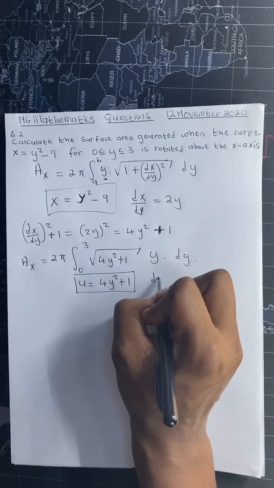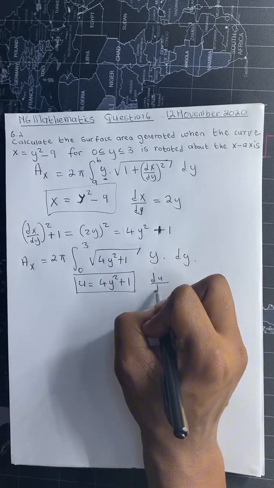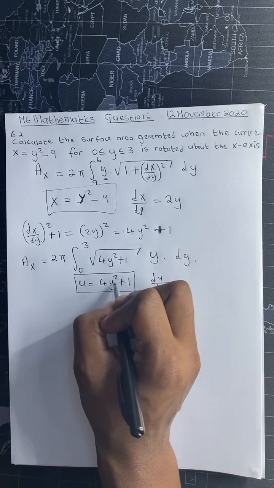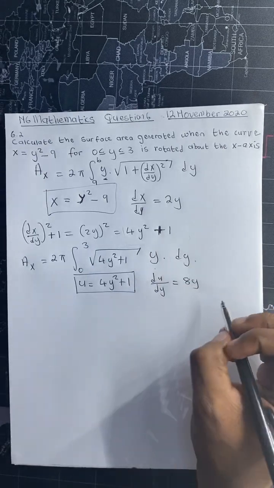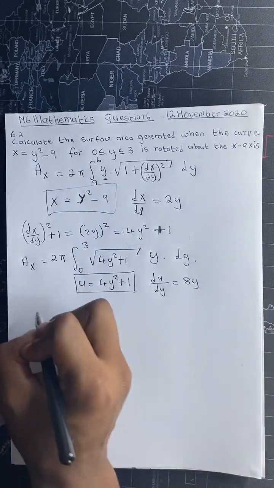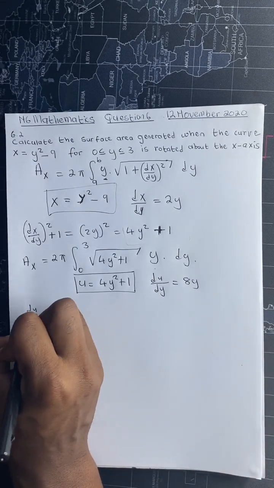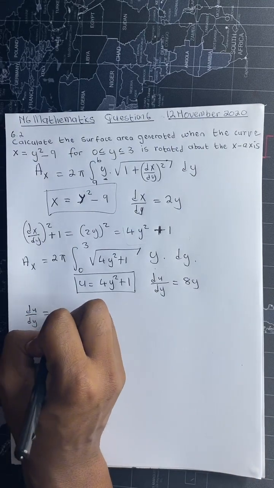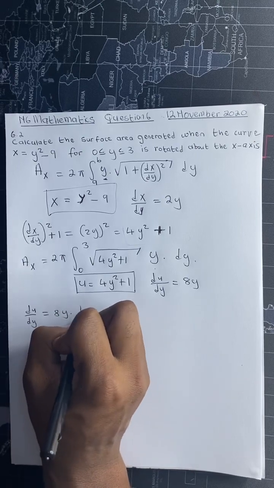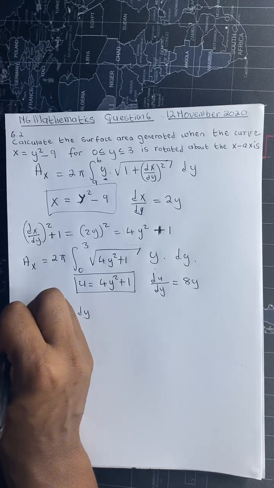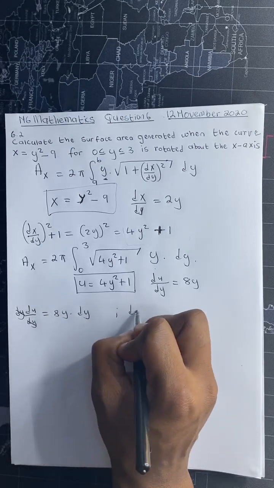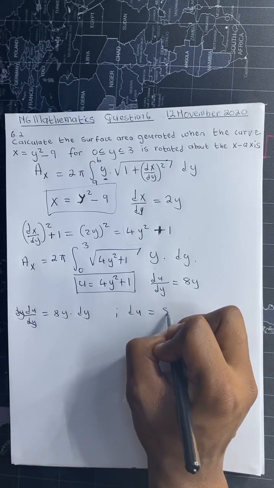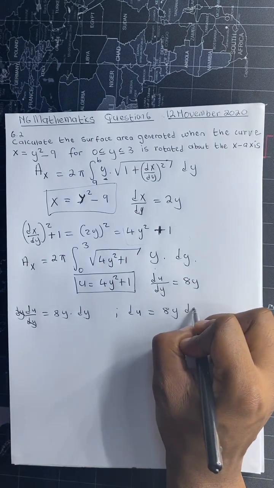So du over dy will be equal to, the derivative of 4y squared will be 8y, and that of 1 will be 0 because it's a constant. And from here we have du over dy is equal to 8y. We multiply both sides of the equation by dy so that dy will cancel out. So du will be equal to 8y dy.